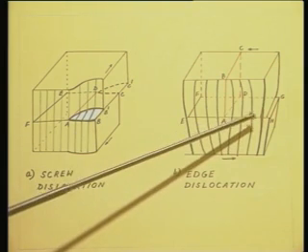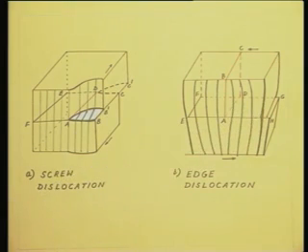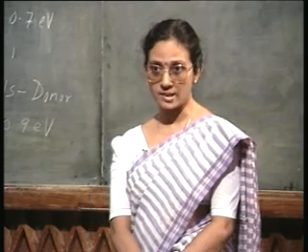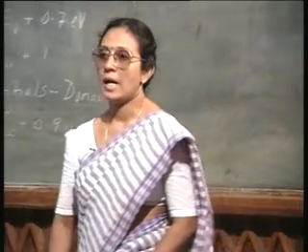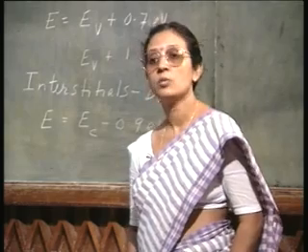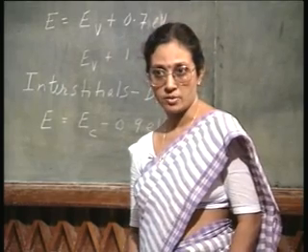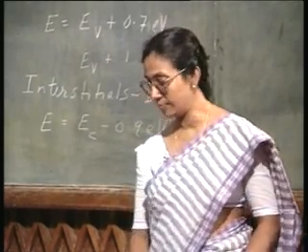It has got shifted by half an atomic spacing, and it has given rise to one extra half plane of atoms. This is an edge dislocation. So, you can have either a screw dislocation or an edge dislocation depending on the type of stress it is subjected to. And these dislocations can move around inside the crystal, which is another very dangerous thing.